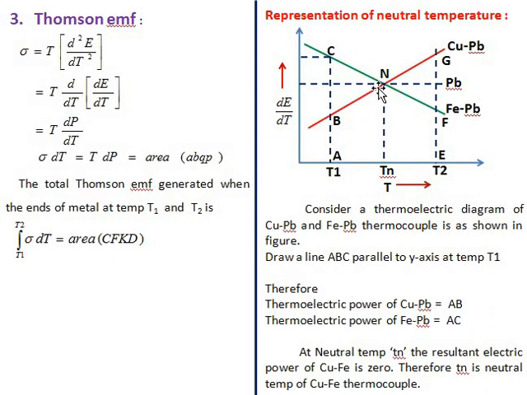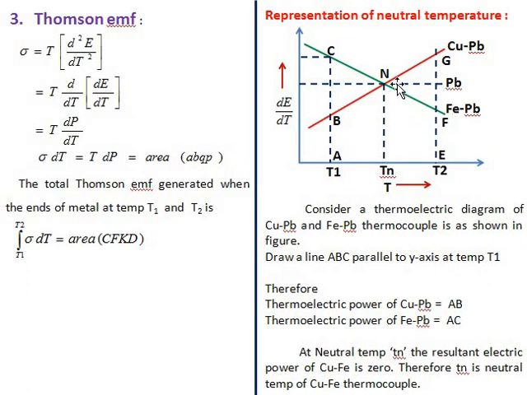Clear? So the rate of change of thermo EMF is 0, in the sense that at this point thermo EMF remains constant with respect to temperature. If you further increase the temperature in this direction, for copper lead it increases and for iron lead it decreases.